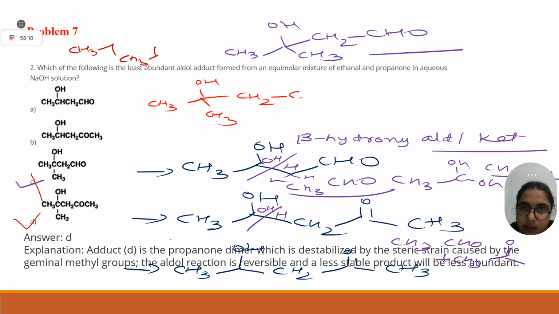CH2, CO, CH3. Right? This will be the propanone dimer. Yes or no?